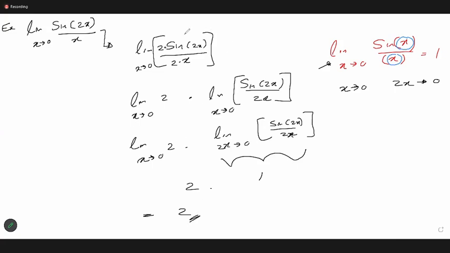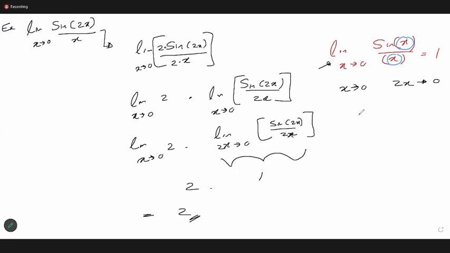So now you have an idea. If you have to find something like this, you can set the denominator to match the angle inside the sine. After that, you can check the limit, because we are dealing with the variable x, but we now have to see the variable inside the sine function.